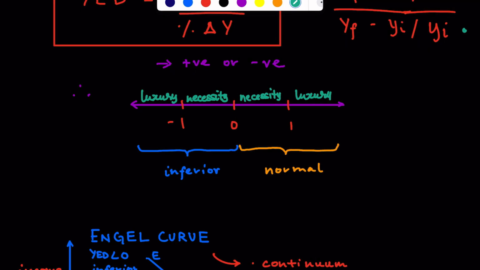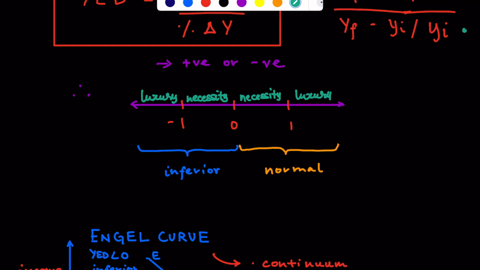So within these categories, for necessities, if it's a normal good, your YED value is going to be between 0 and 1. If it's greater than 1, it would be a luxury with respect to normal goods. On the other hand, if you have a YED between -1 and 0, you have an inferior necessity, and similarly, if it's less than -1, you have an inferior luxury.